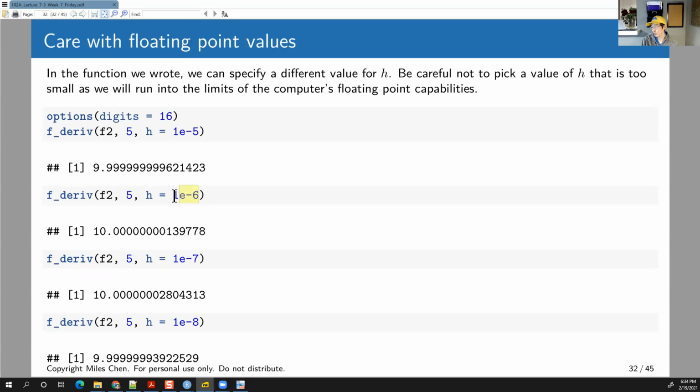For this example, we've been using 10 to the negative 6, but as your numbers get bigger and bigger, let's say you're adding numbers like 1 billion and 2 billion, 10 to the negative 6 might be reaching the limits of the computer precision. The computer might not be able to keep track of 10 to the negative 6.